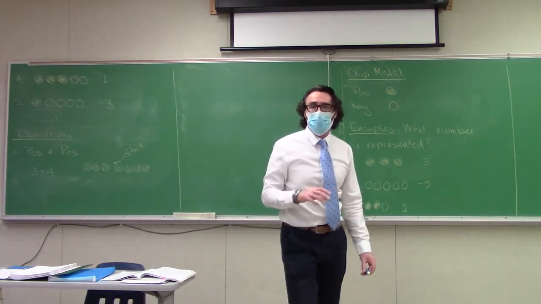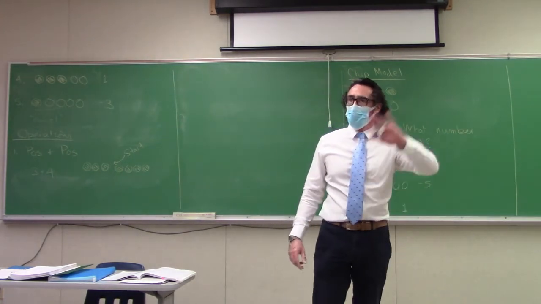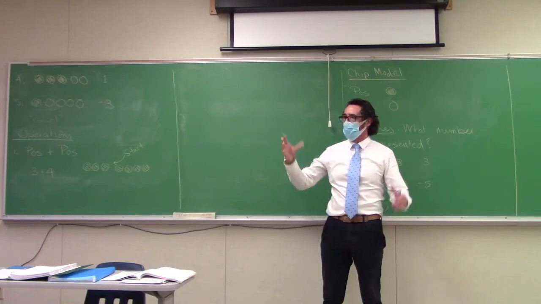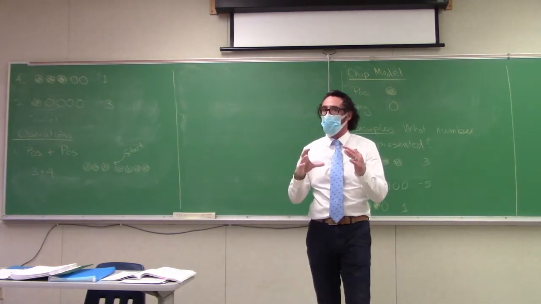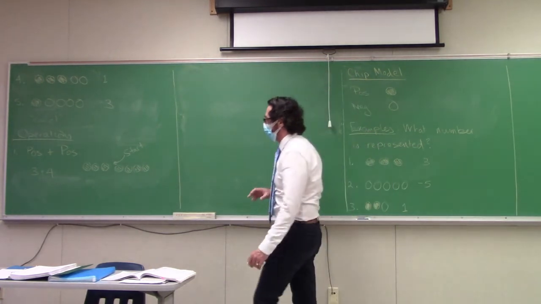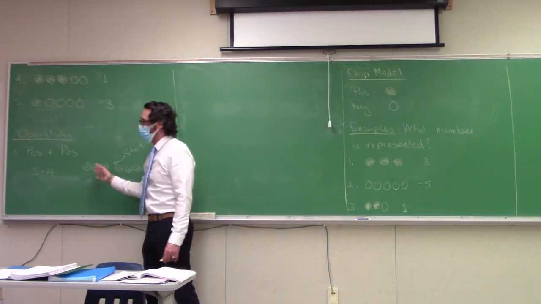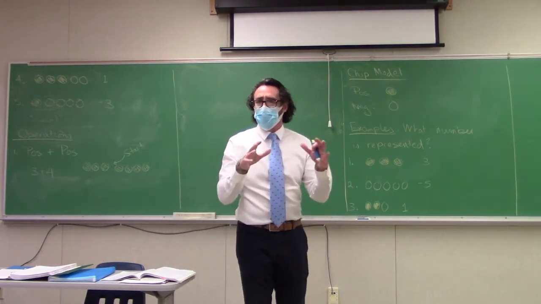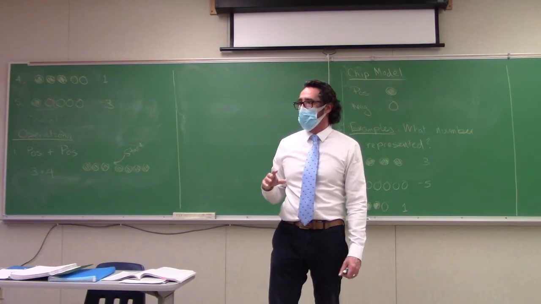Essentially the set model that we worked with way back in chapter 1, where we would have collections of objects. And the operation of addition is just form one big collection out of the smaller collections here. Okay, so positive plus positive, easy to understand. In fact, basically the operation of addition with the chip model, really easy.